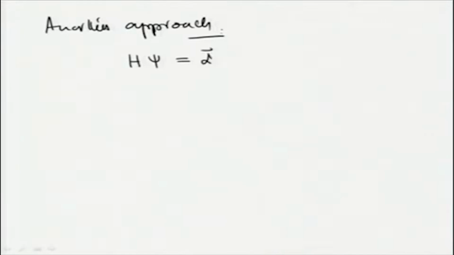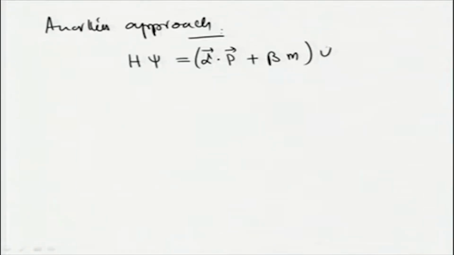So, it is now written as some coefficient alpha dot p. Alpha is given a symbol of a vector and dotted with p.